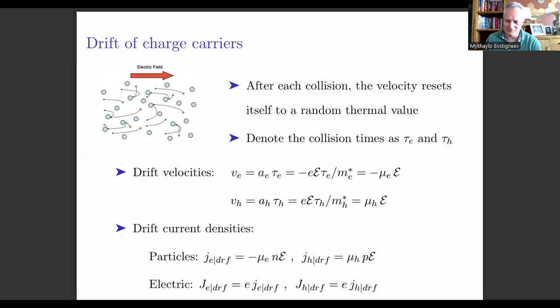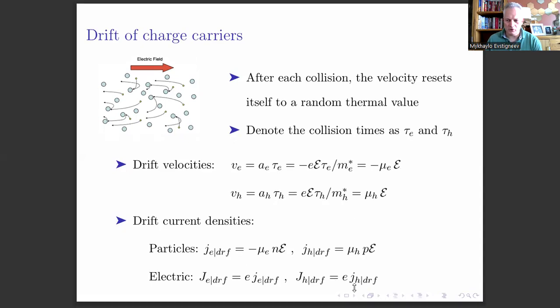Minus times minus gives me a plus. Luckily, I can press the pause recording button and fix this small typo. So notice that electric current density for electrons and for holes have the same sign, because the direction of the electric current is taken by convention to be the same as the direction of motion of positive charges and opposite to the direction of motion of negative charges.